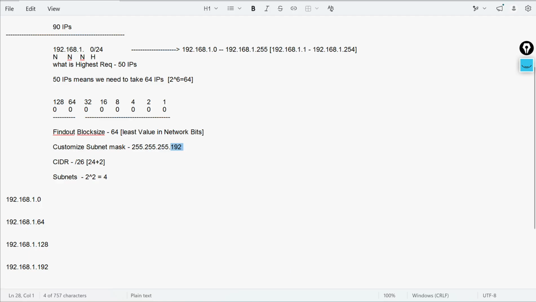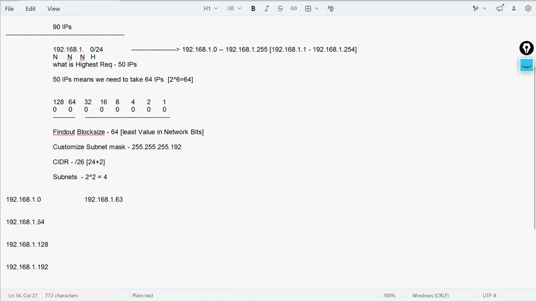So how many networks are there now? Now we have 4 subnets. The first subnet is 0. The second subnet is 64. The third subnet is 128. The fourth subnet is 192. So the first subnet range is 1.0 to 1.63. Why?